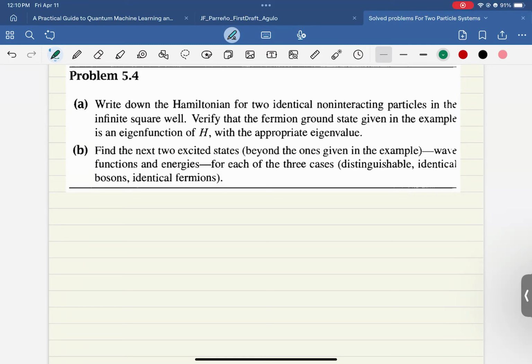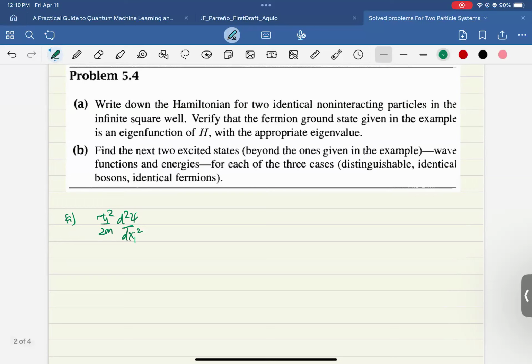So unahin natin yung letter A. The Hamiltonian for two identical non-interacting particles in the infinite square well. So ang gagawin natin is first we write yung kinetic energy term, negative h bar squared over 2m, and then d squared psi dx1 squared.